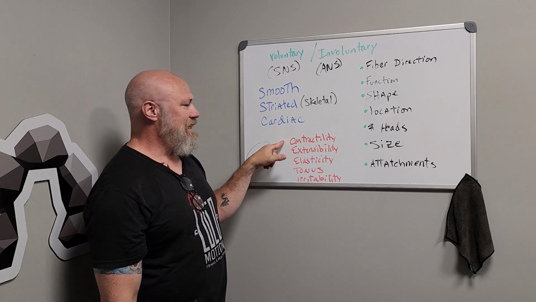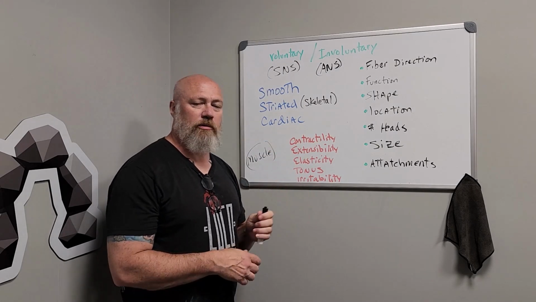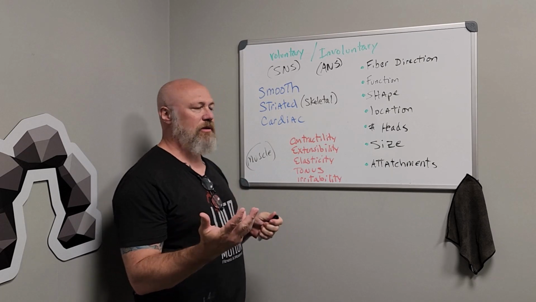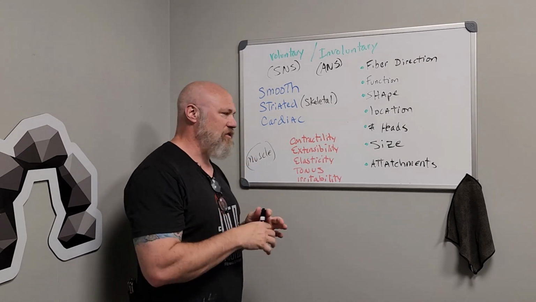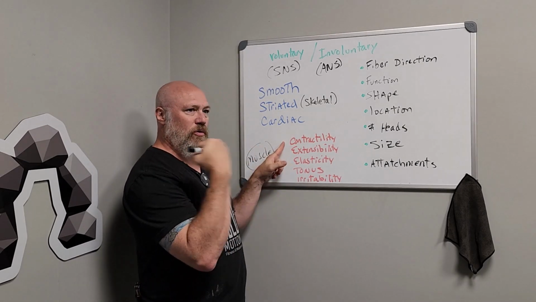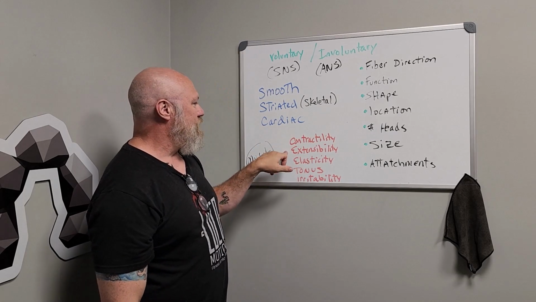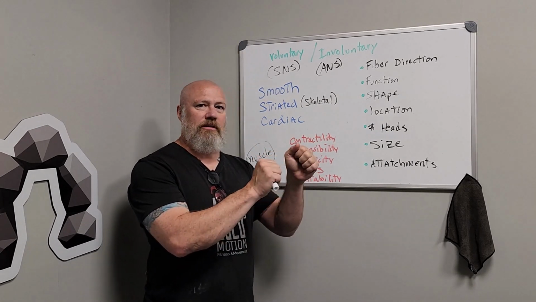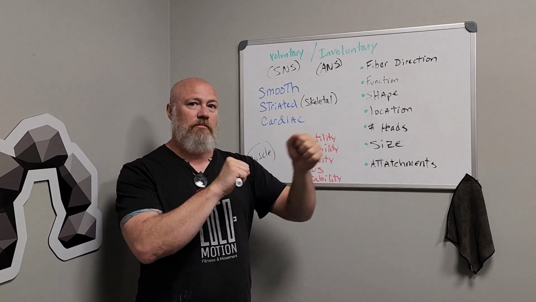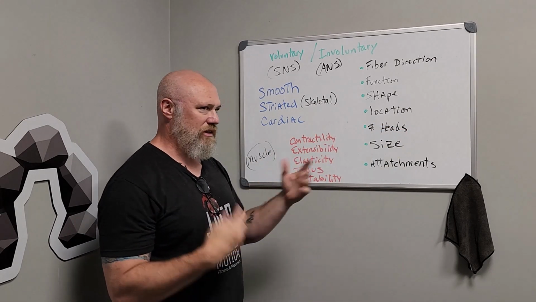Muscle has contractility when it is stimulated properly through electrochemical means, typically through a neuromuscular junction in the nervous system. Muscles can shorten their length and contract. Muscles have extensibility. They have the ability to be stretched within limits.